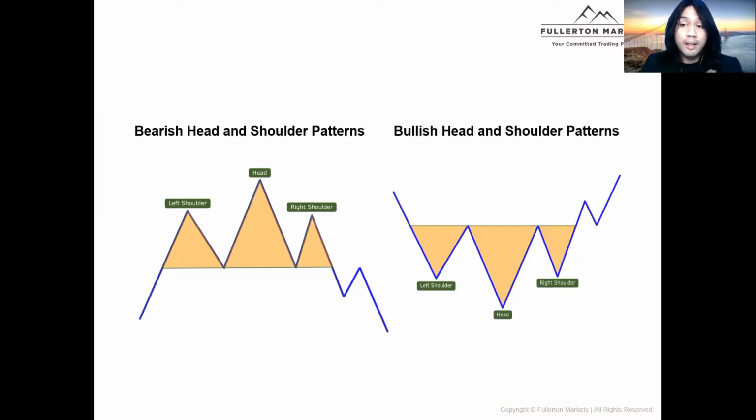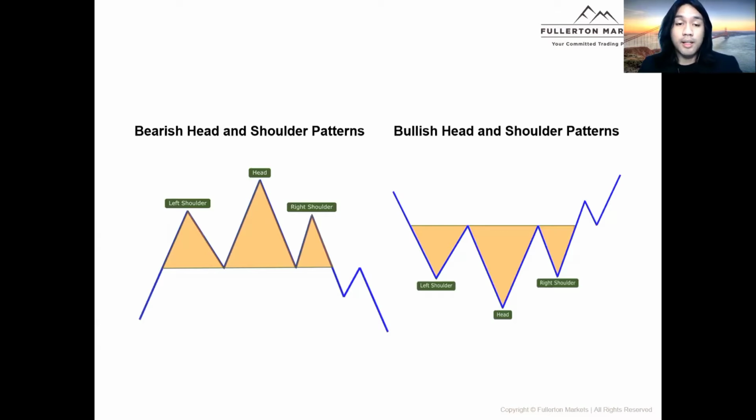That is why when we say bullish, we mean prices will go up. The bear goes down, the bull goes up. So a bearish head and shoulders pattern will tell you that prices are moving down, and a bullish head and shoulders pattern will tell you the prices are moving up.